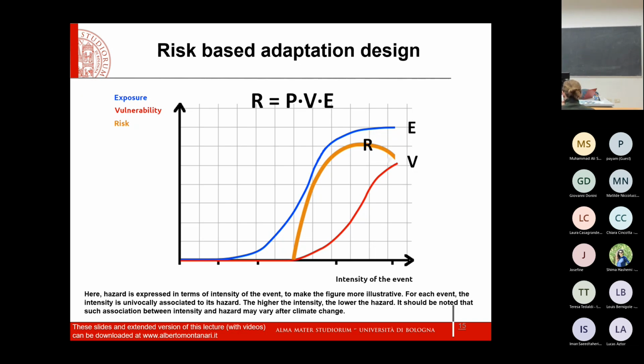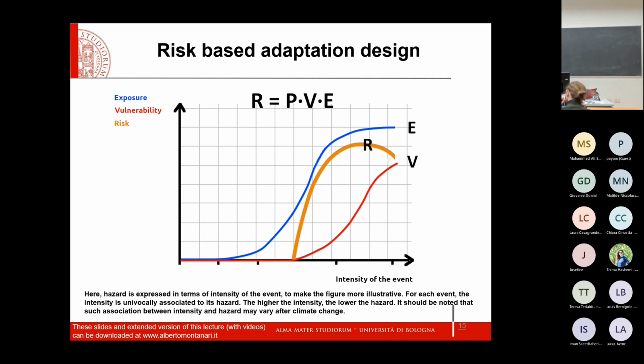Keep in mind that as the intensity of the event increases, the probability that we have to consider is the probability of exceedance, which is tending to 0 as the intensity increases. After this introduction, we can make our break.